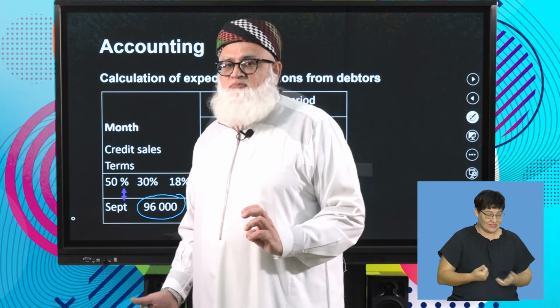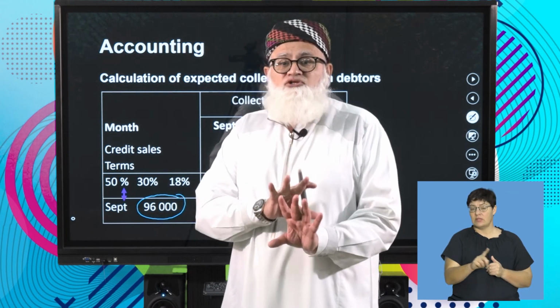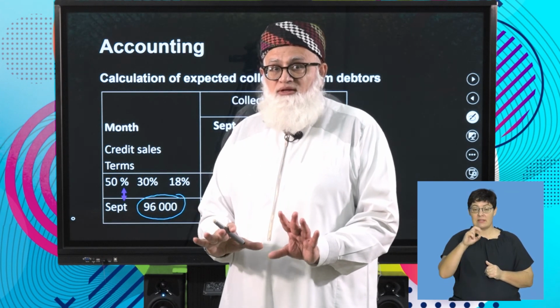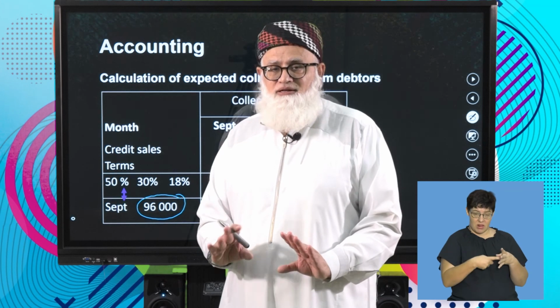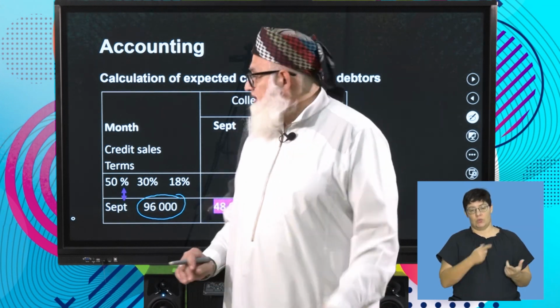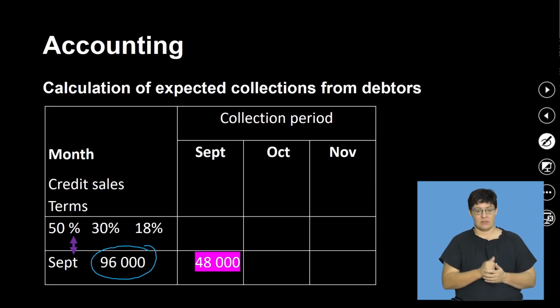Another important aspect, guys, is that part of your debtors collection schedule is a calculator skill. You need to know how to use your calculator. Here we go. 96,000 will pay us, 50% will pay us in September.